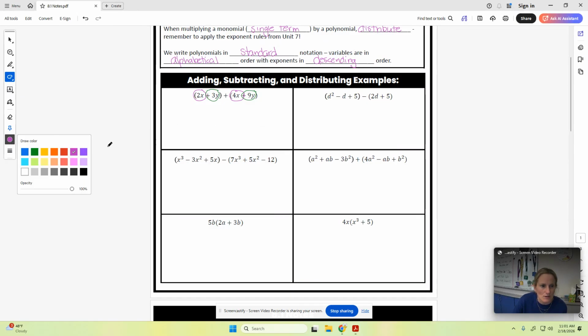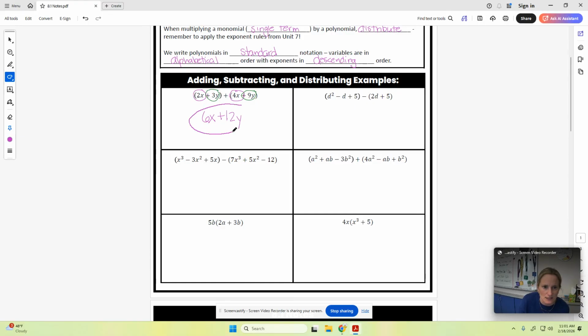So 2x plus 4x, 2 plus 4 is 6, so this is going to be 6x. 3y plus 9y, 3 plus 9 is 12, so that's going to be 12y. Now as far as putting it in standard form, my variables are in alphabetical order, x, then y, and I don't have any other exponents, so I don't need to worry about descending order on my terms. So that's my final answer right there.